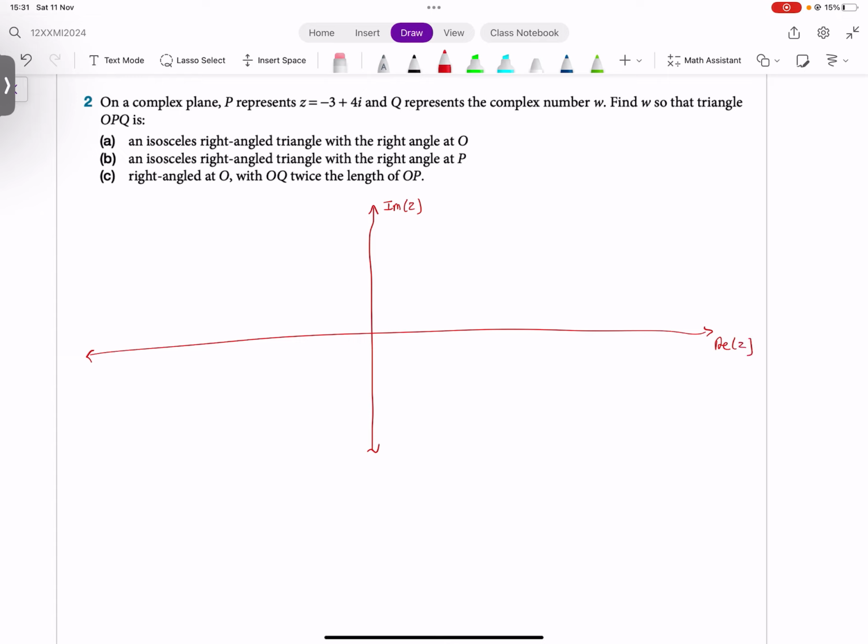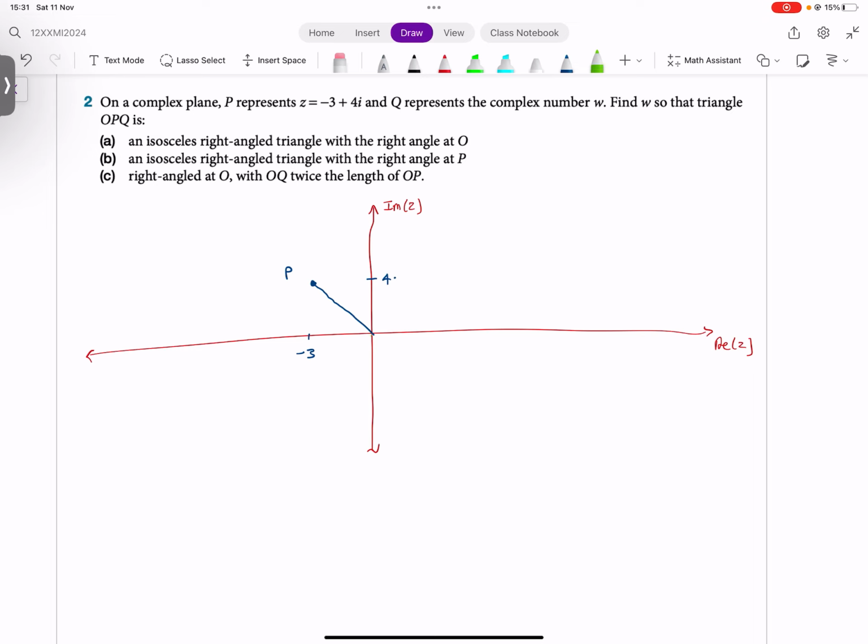And let's draw z. So z is minus 3 plus 4i, and that represents P. Now we're going to try and find w so that the triangle OPQ is isosceles with a right angle at O.